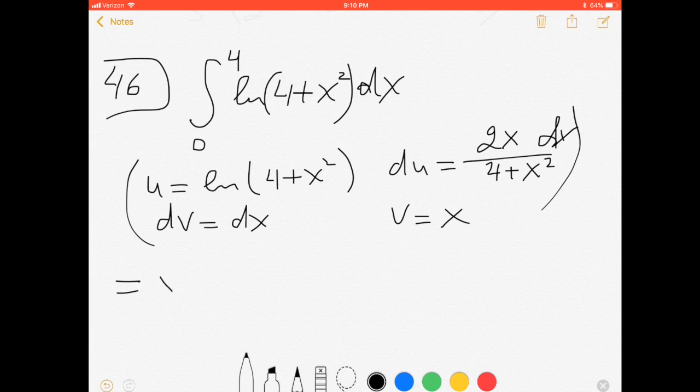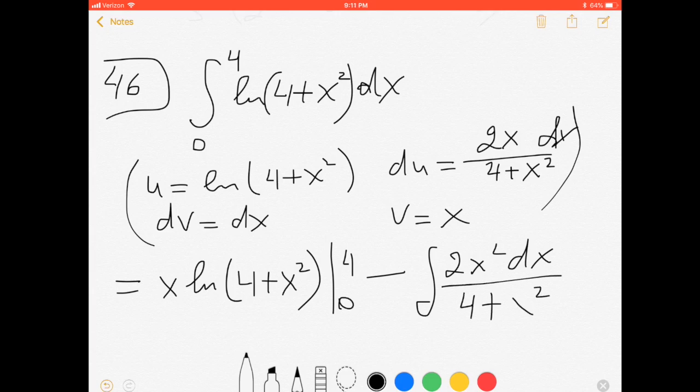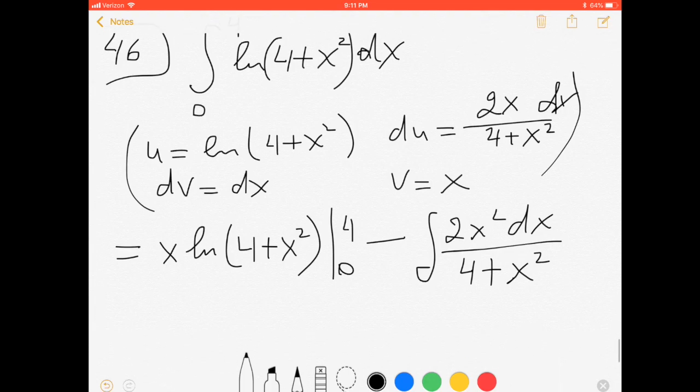Plugging in, we have x natural log of 4 plus x squared, don't forget about the borders 0 to 4, and minus v du gives me 2x squared dx over 4 plus x squared. Great. What about this part?